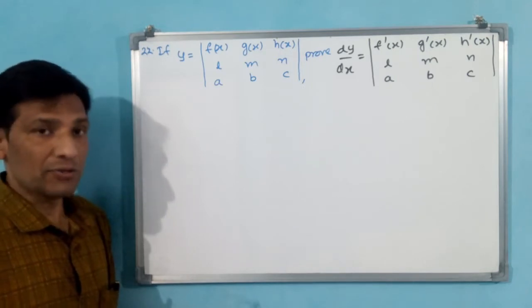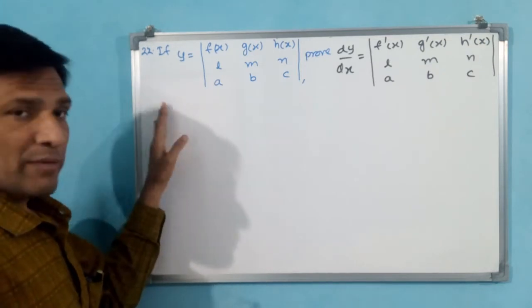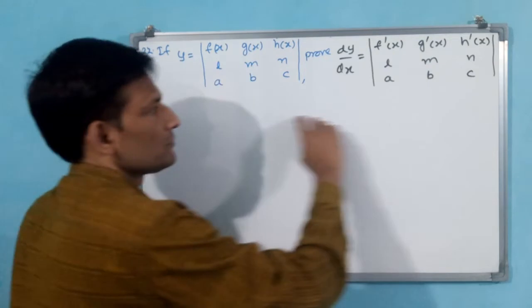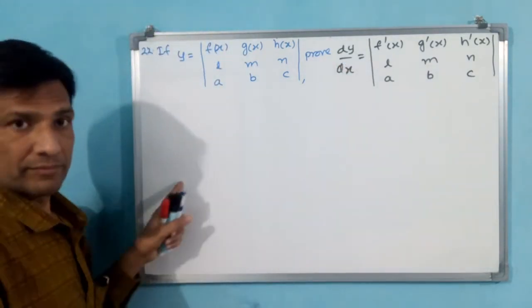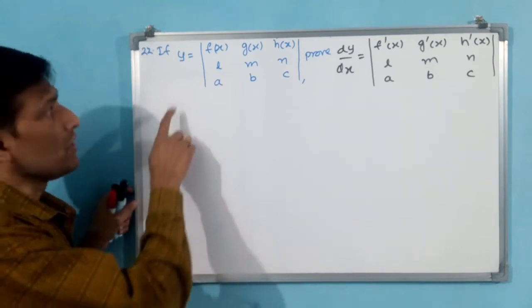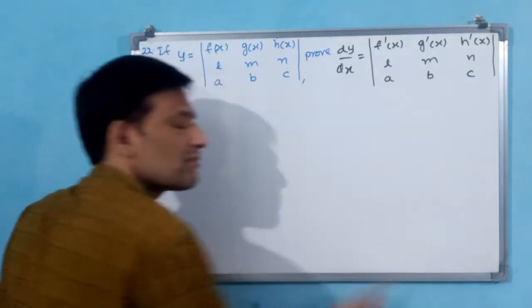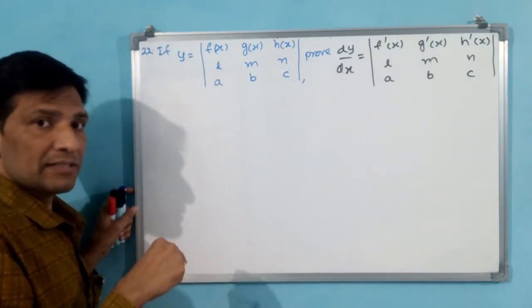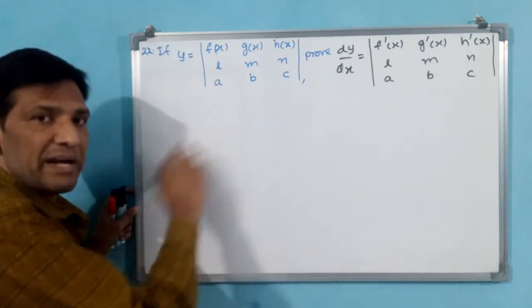Determinant. You see what I am doing. First I will take y only. Determinant y I will find. Determinant y means final result will come. Okay. That result I am going to differentiate. dy by dx. See, y is equal to this determinant, also you can write y is equal to this expanded version. Both are y only. dy by dx means automatically differentiation of this expanded version.